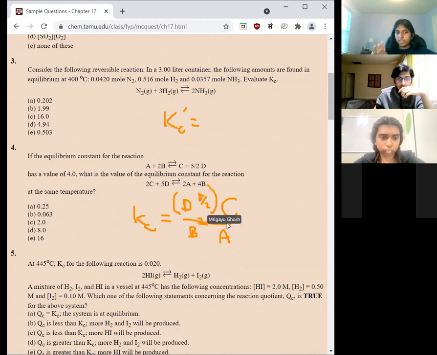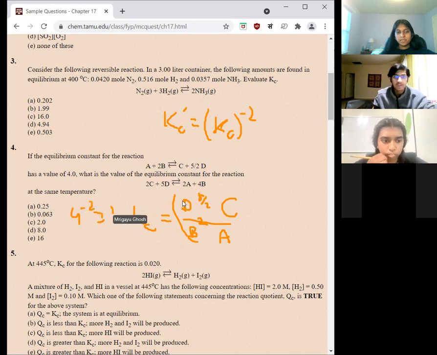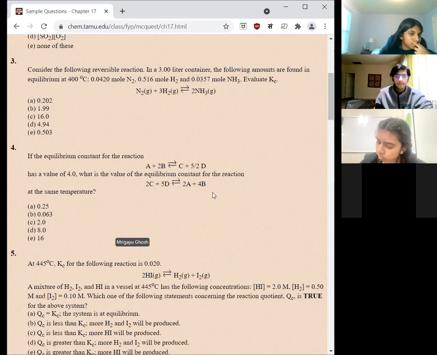You're squaring everything basically, right? Squaring everything, yes. So Kc prime is going to be Kc squared to the -1, and then I flip it. So it's 4 to the -2 power, and 4 to the -2 is 1/16. There you go. There's your explanation.